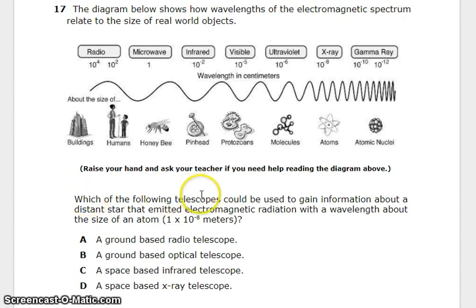Which of the following telescopes could be used to gain information about a distant star that emitted electromagnetic radiation with a wavelength about the size of an atom, 1 × 10⁻⁸ meters? A, ground-based radio telescope. B, a ground-based optical telescope. C, a space-based infrared telescope. Or D, a space-based X-ray telescope.